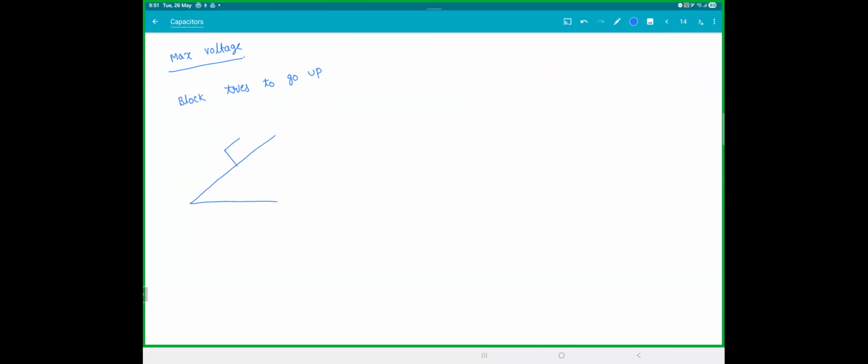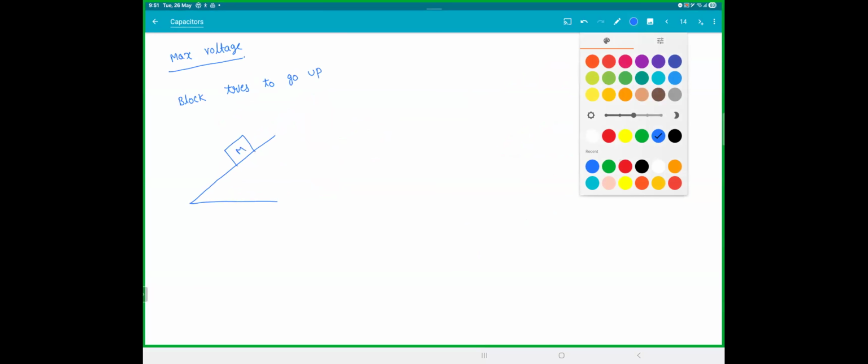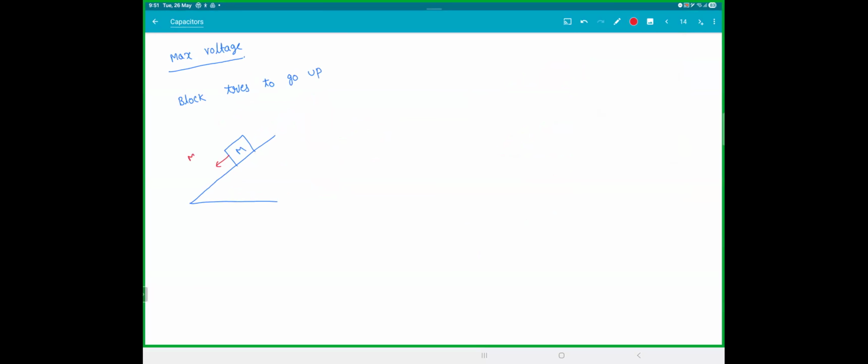So now when you draw the free body diagram, you will see the forces will be mg sine theta. This will be F max, which is mu mg cos theta. This will be your tension.